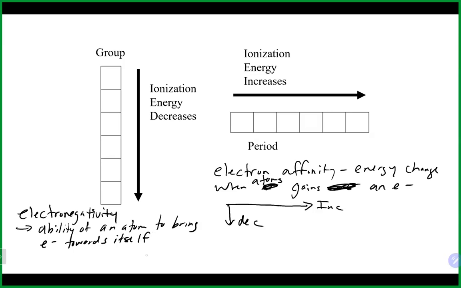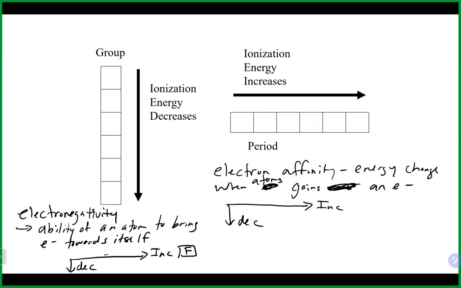And it also increases as you go up and to the right on the periodic table and decreases as you go down. Fluorine is the most electronegative element you can have. Fluorine is as far over, up and to the right as you could get, other than noble gases, which again are very happy the way they are. They're not looking really to gain or lose electrons.